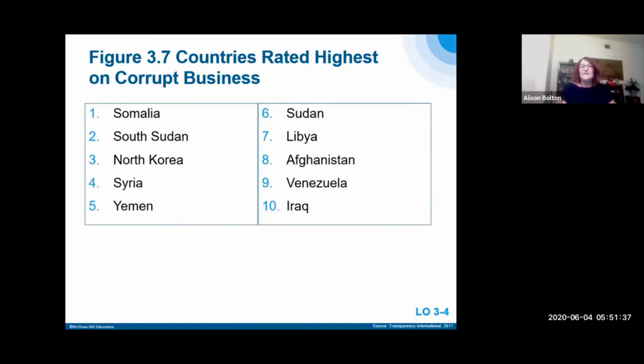And that brings us to corruption, right? And I mentioned in the last chapter a little bit about how Somalia is number one as a corrupt country, most corrupt. Then Sudan, North Korea, Syria, Yemen, and then Sudan again, and Libya and Afghanistan, Venezuela, and Iraq.